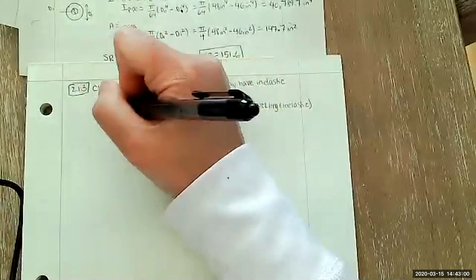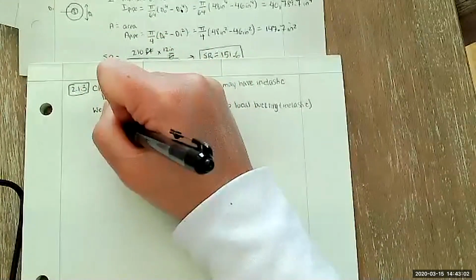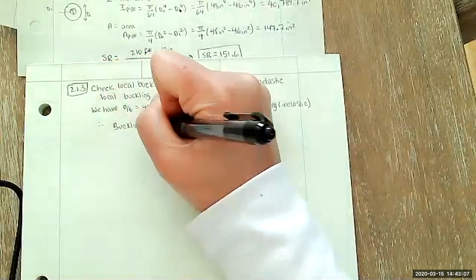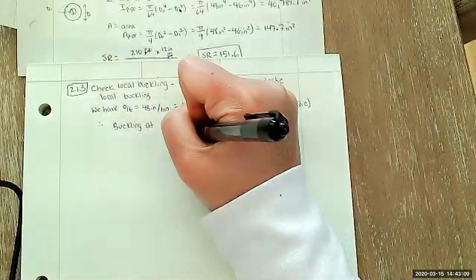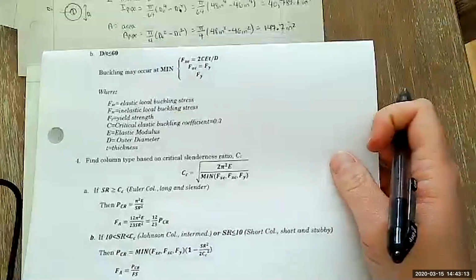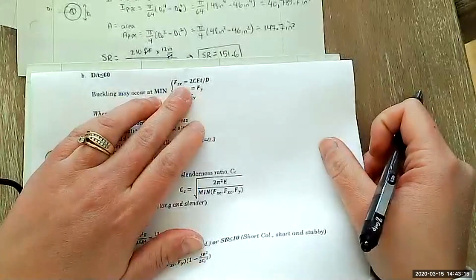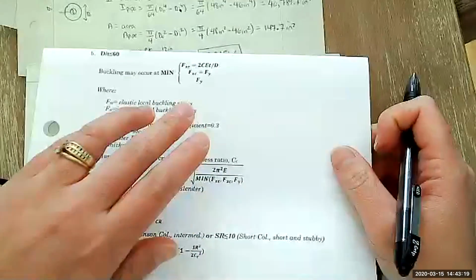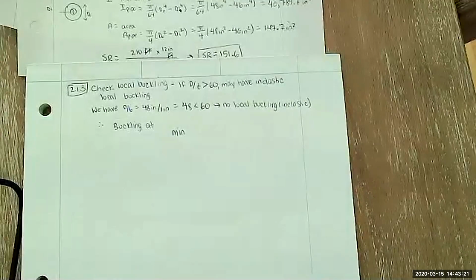So therefore, we can have buckling at the minimum of these three equations. Similar to the elastic local buckling, we're now going to set the inelastic local buckling equal to our yield strength. So we really only have two things to compare.